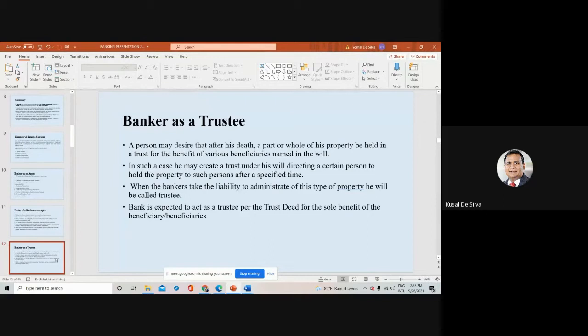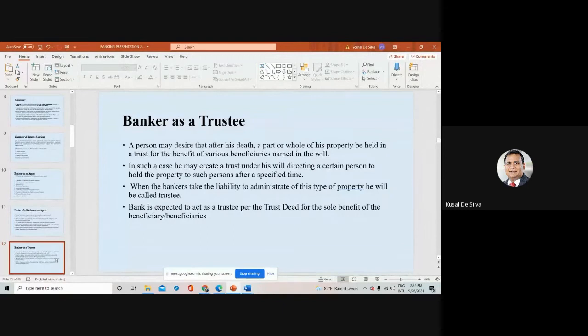So it is the duty of the bank, after proving my last will in a court, to obtain a letter of probate and then open a trust account. Then the bank's duty is to hold the properties for the benefit of the beneficiaries named in the last will. So that's the overall view of that.